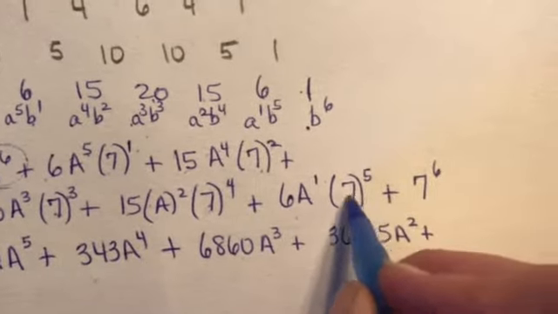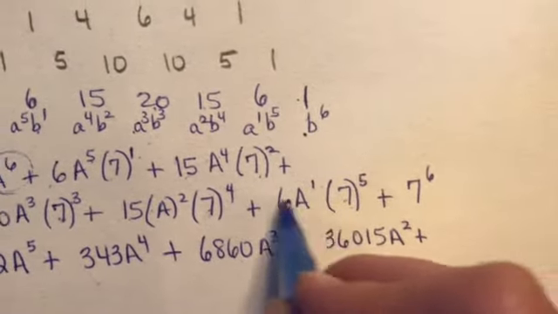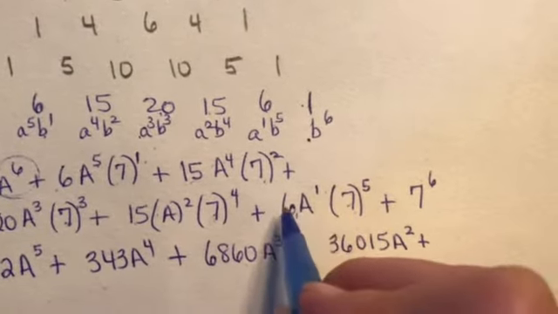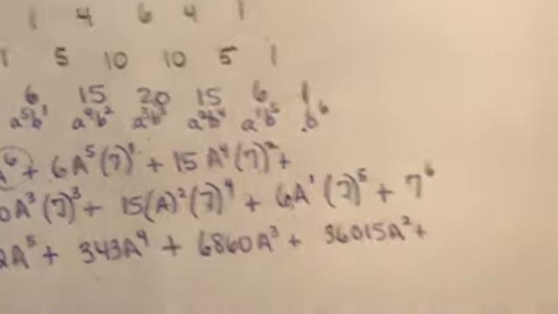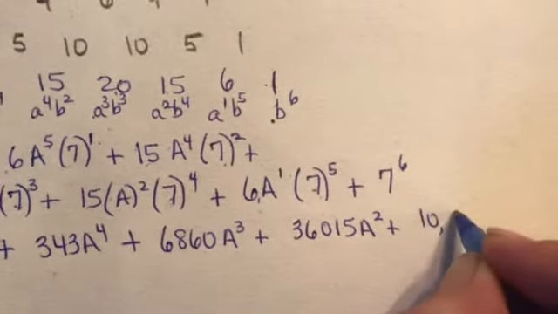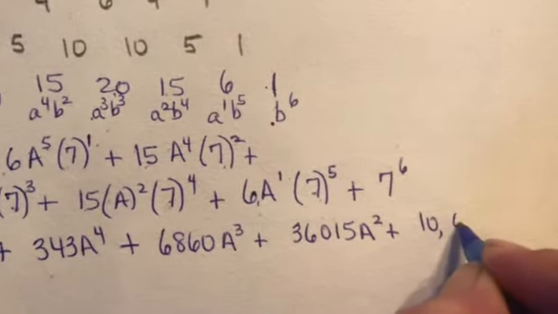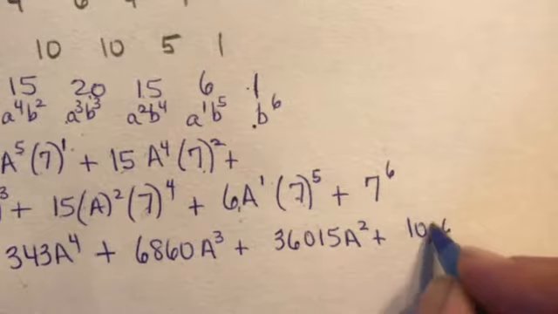Whew, big number. 7 to the 5th times 6. You can do 6 times 7 to the 5th, but be sure only the 7 is to the 5th power. But that should give you, wait, I'm trying to look. 36,015 was that one. Okay, this one's 100,000, big number.